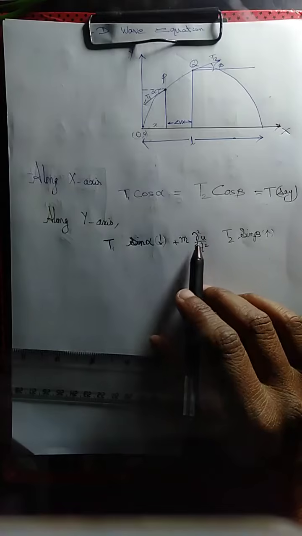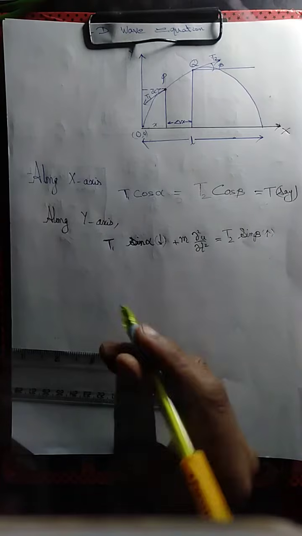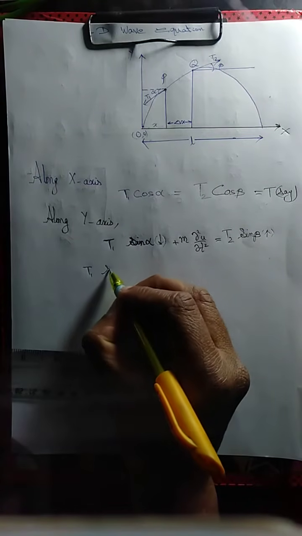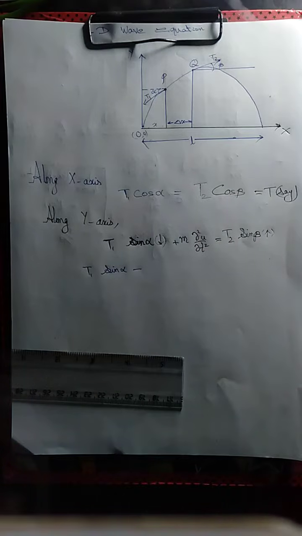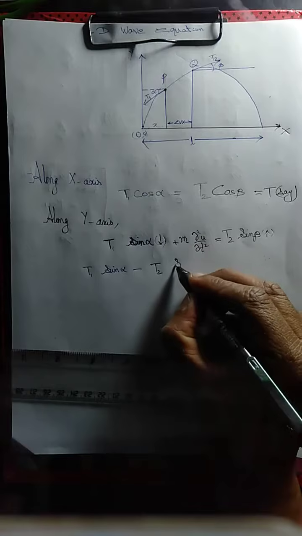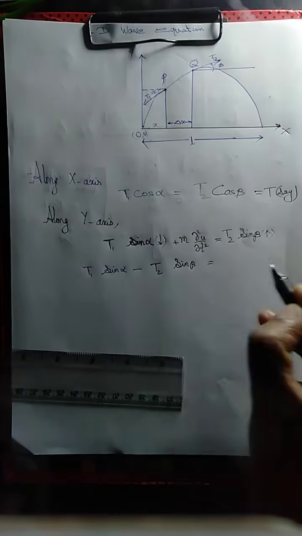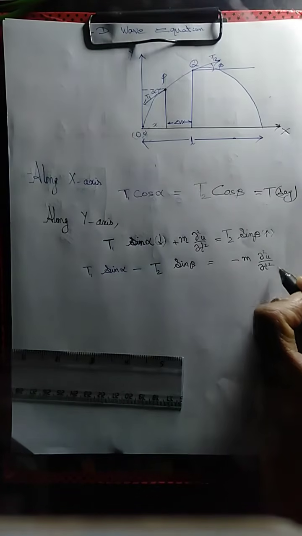Now downward forces must balance with the upward forces, so you must have equality here. Let's write it in another form. We have T1 sin alpha minus T2 sin beta equal to minus M into del squared u by del t squared.